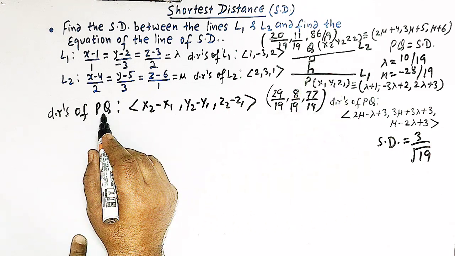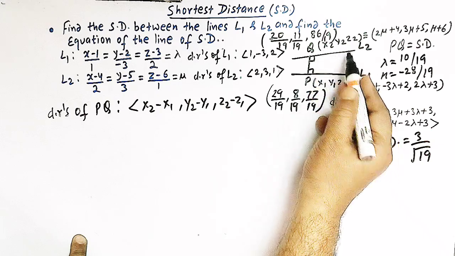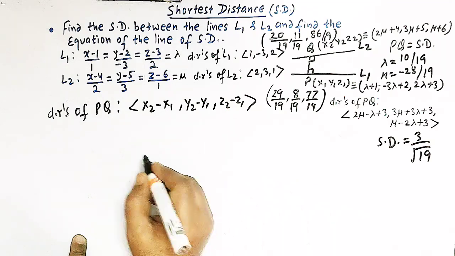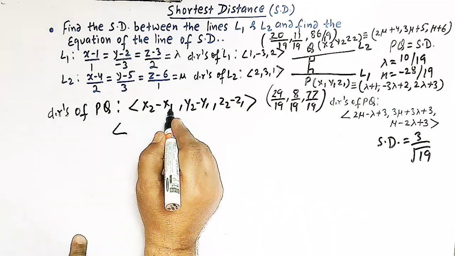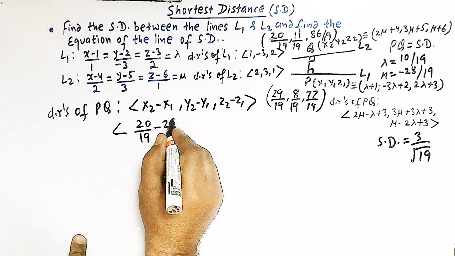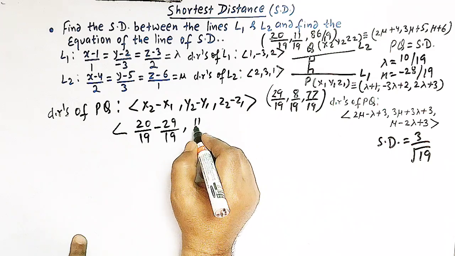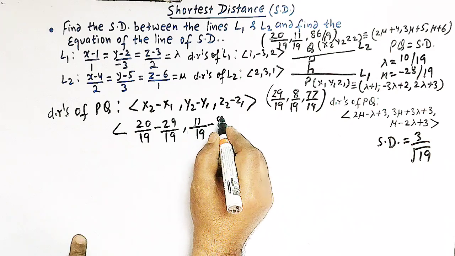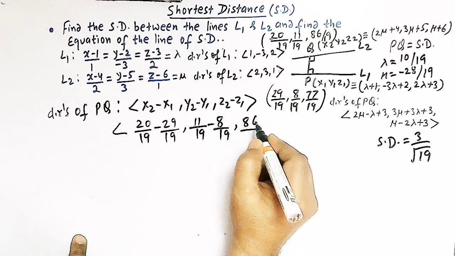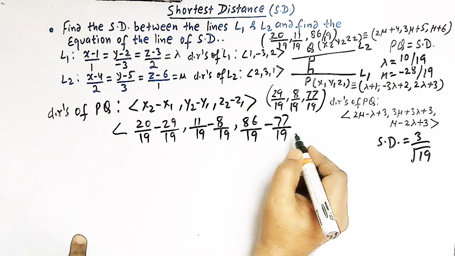And direction ratios of PQ can be given by simply the difference of the coordinates, that is x coordinate, y coordinate, and z coordinate. So here we have x2 minus x1, so we have 20 over 19 minus 29 over 19. Then we have y2, 11 over 19 minus 8 over 19, and then we have 86 over 19 minus 77 over 19.